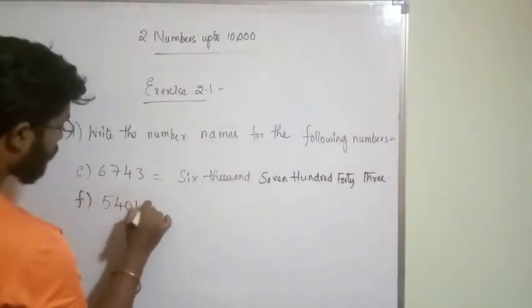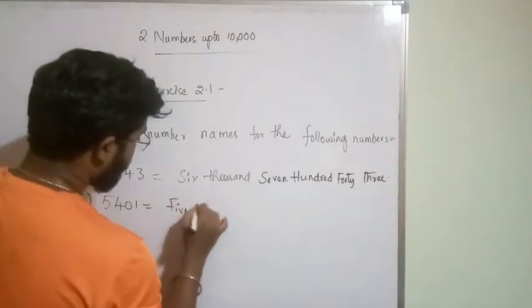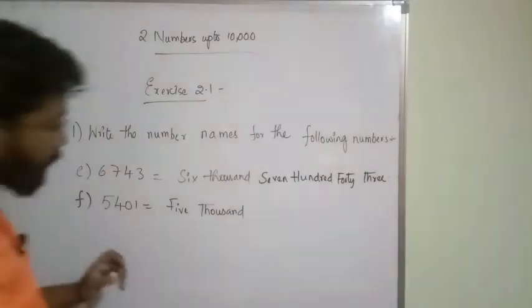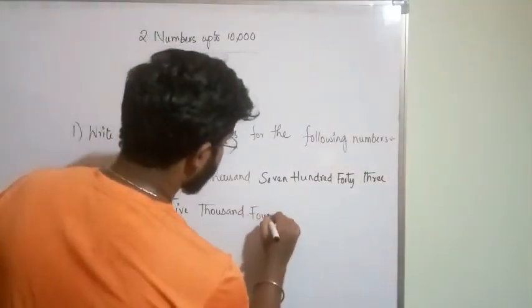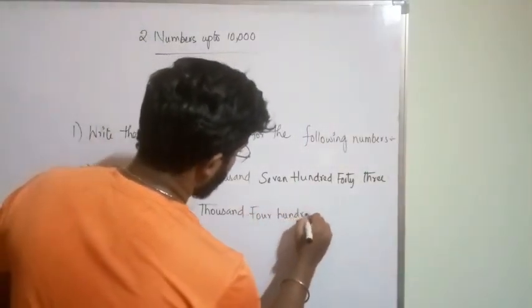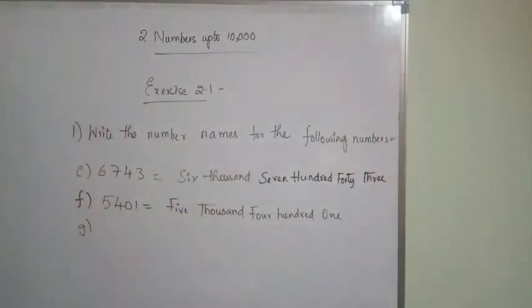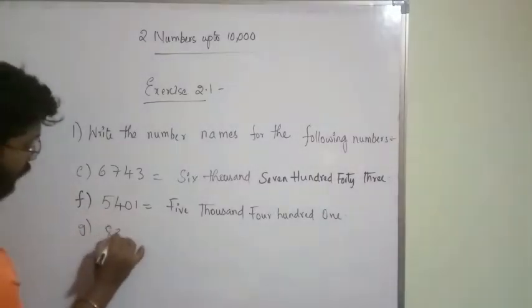All he gave are 4-digit numbers only. 8000. 8320. Okay, so H is how much?